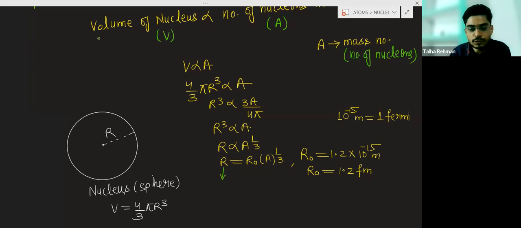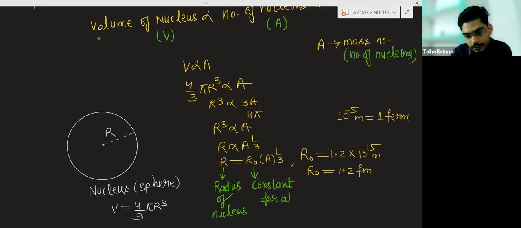This is the radius of the nucleus. This r naught is constant for all nuclei. And what is A?